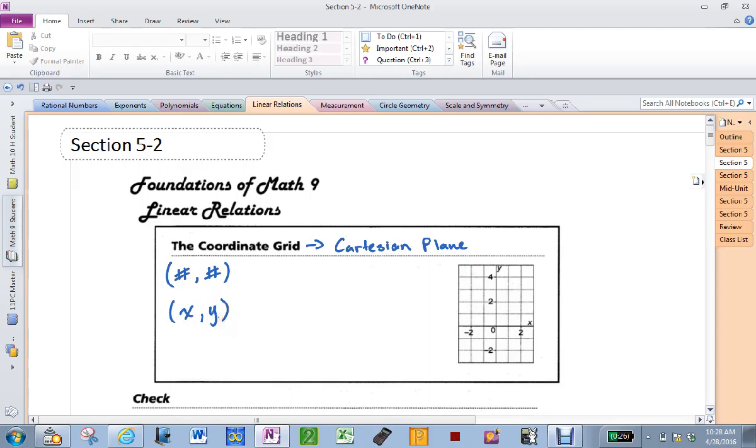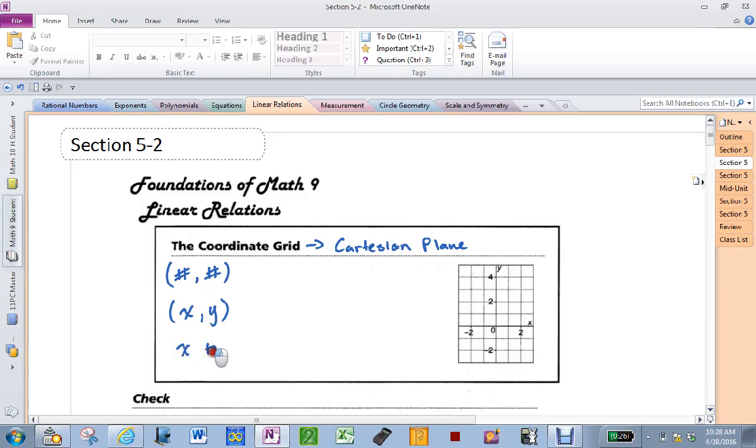Now you guys are smart kids. Look over here. There's an X, there's a Y. They go in different directions. That's what I mean by Battleship.